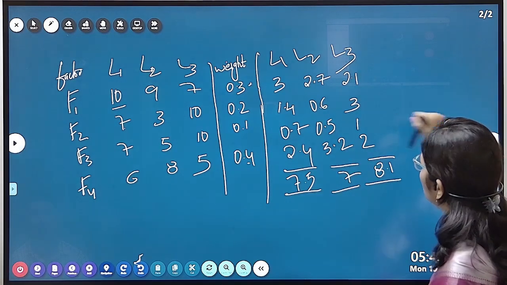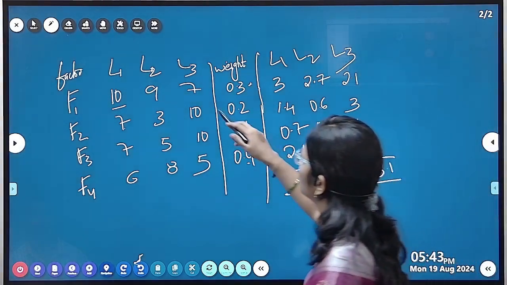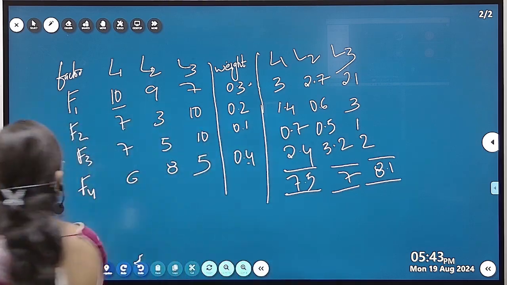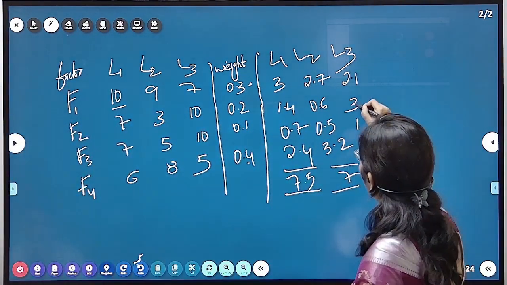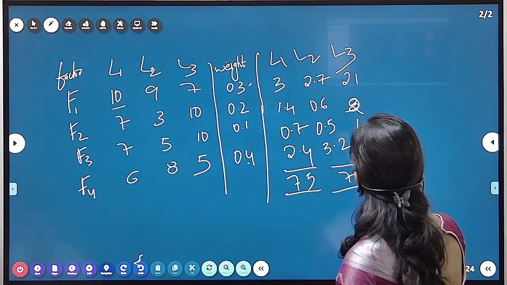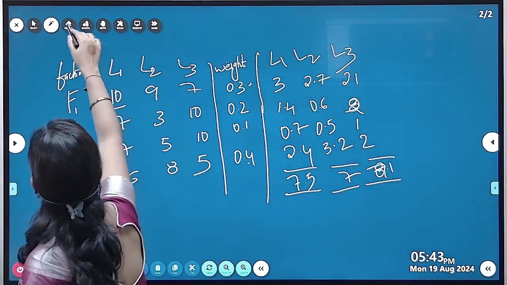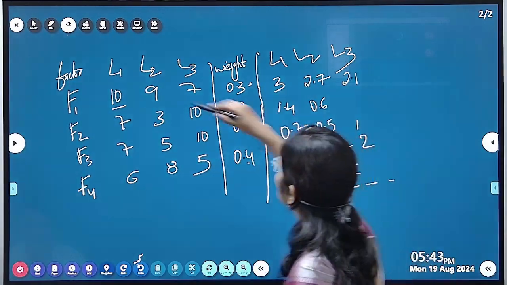Something in this line, you have made a mistake. 0.7 into 0.3, do it once again. Acha, it's 2, right? 10 into 0.2, it's 2, so it is 7.1. So you have made a mistake.